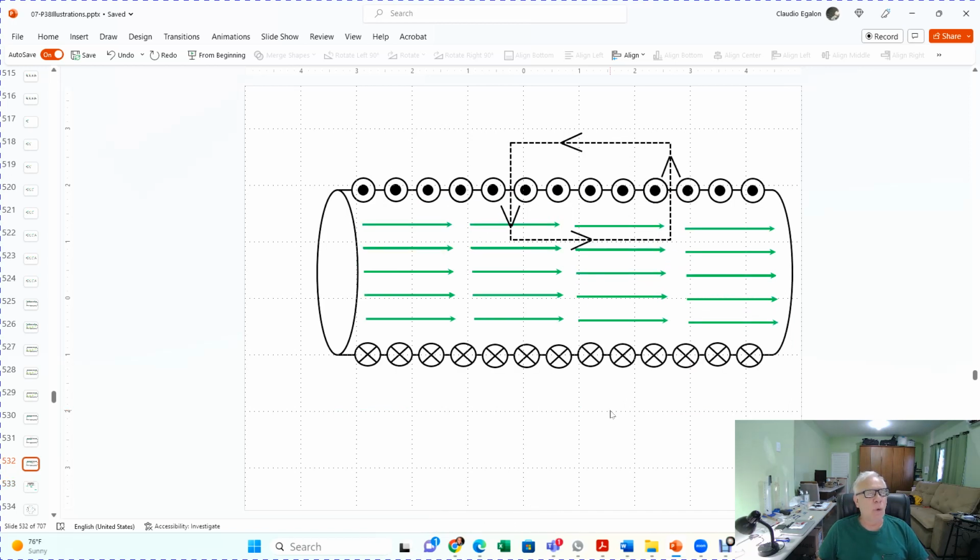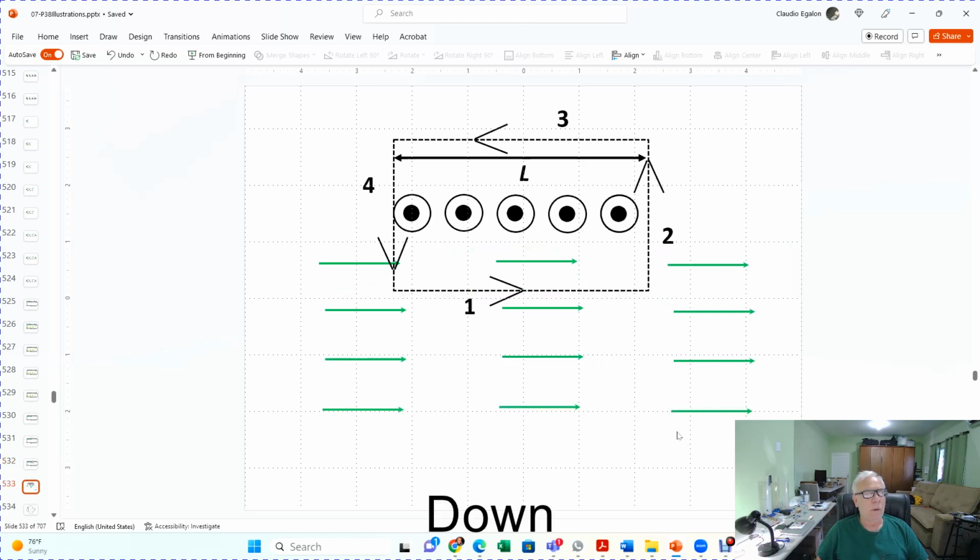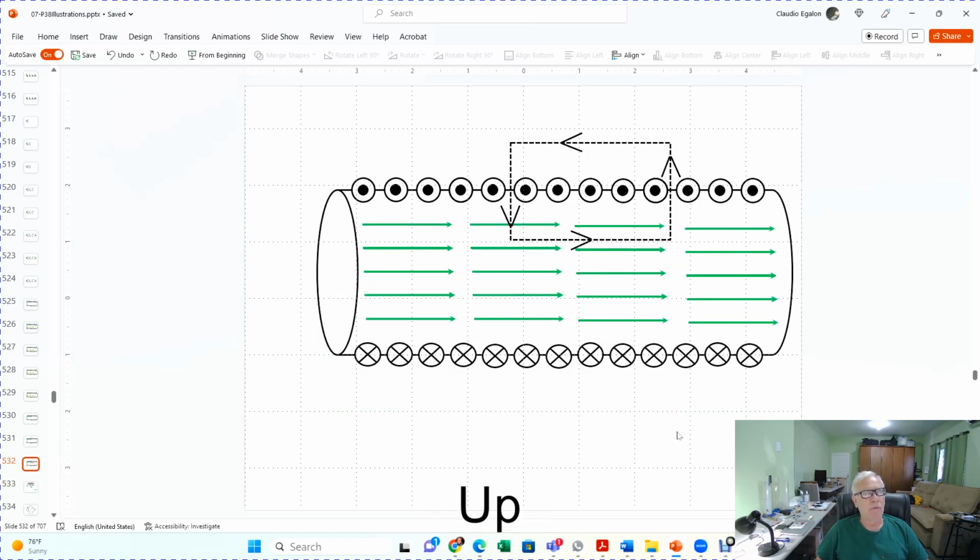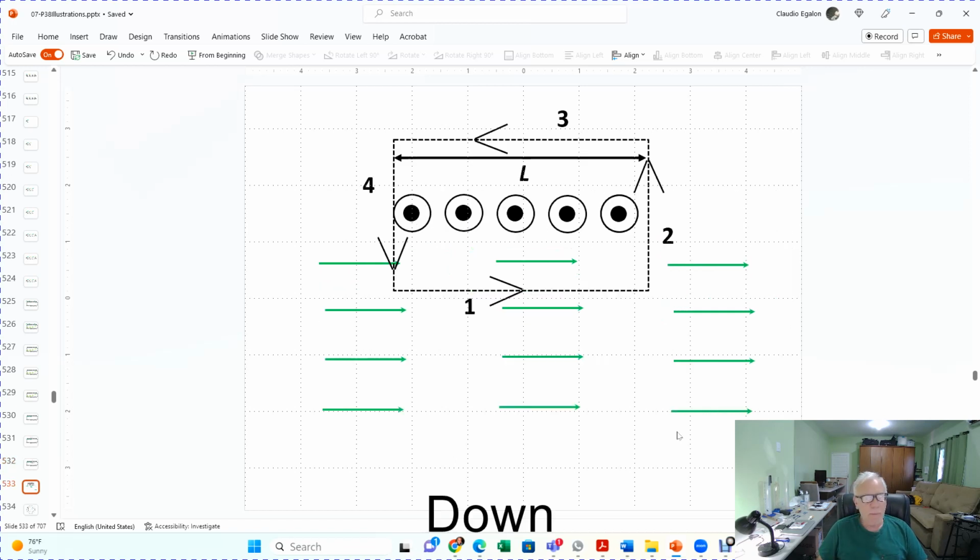I have chosen a symmetric Amperian loop, which is denoted by this square. We're going to have legs, or paths, 1, 2, 3, and 4. I have also chosen a counterclockwise direction, so my B field is going to be positive.